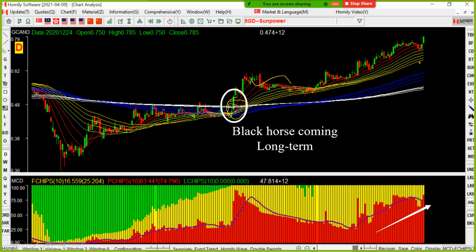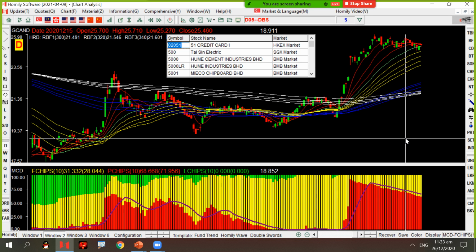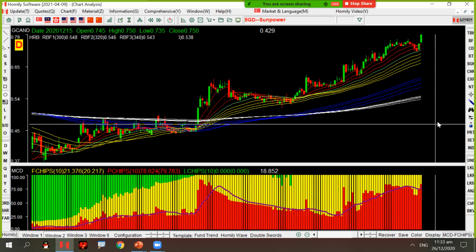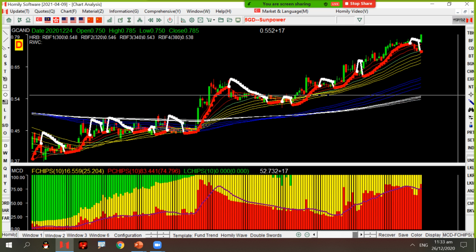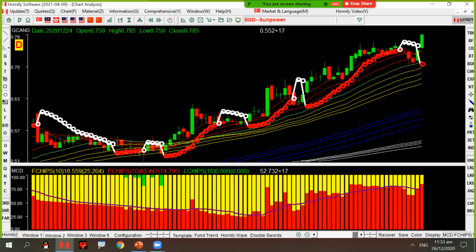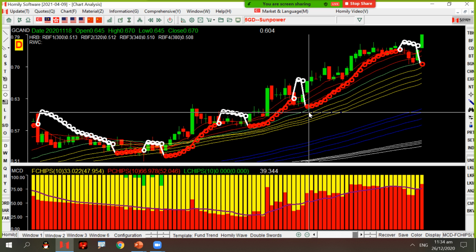If you do the long term or medium term, as long as the price is above the yellow rainbow, you just hold. John, I want to buy SunPower for short term. Short term also can. SunPower, now medium term and long term are good. Short term, red circle. You want to buy? First red circle to buy.